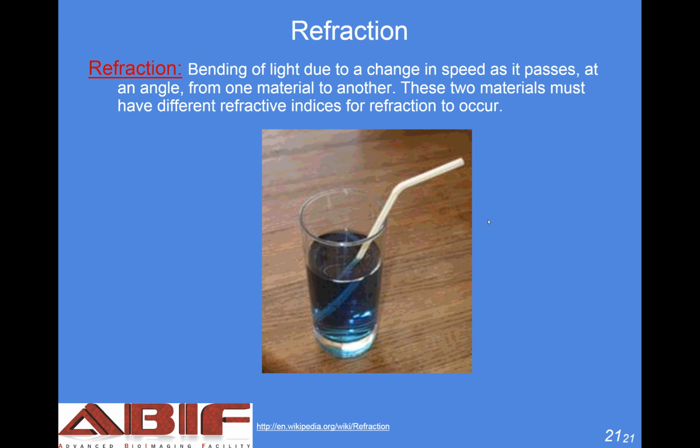So you can see that here in this image where we have a straw going into the water, and it actually looks like the straw is broken and that the image of the straw is over here. And this is due to refraction as the straw enters at an angle from the air to the water. If anybody has a fish tank, if you're ever putting your hand in the fish tank to move something around, it always seems like it's in the wrong place, and that's because of the refraction between the air and water interface in the tank.